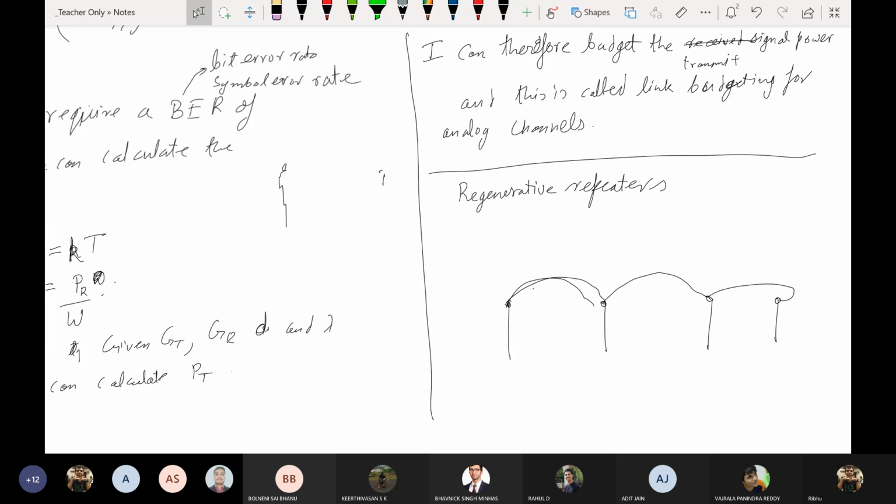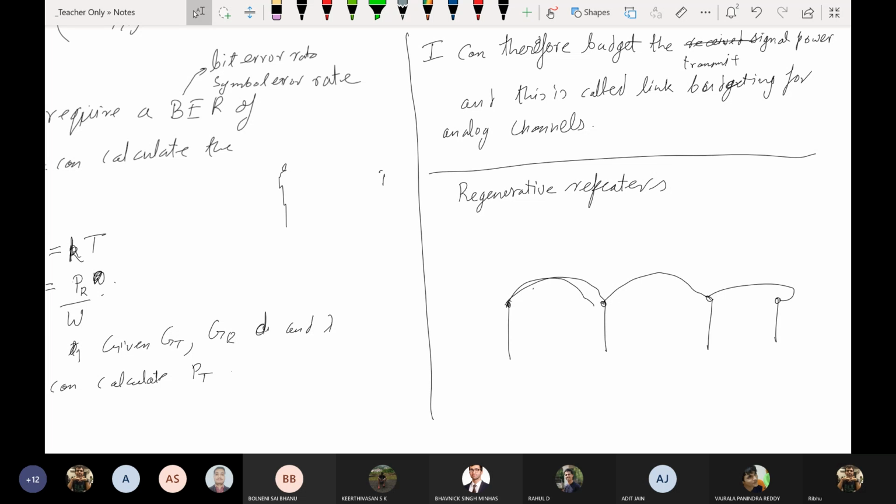So instead of transmitting it over a long distance, I transmit it over several short distances. That allows me to transmit with smaller powers because the Q function is a quite fast decaying function.